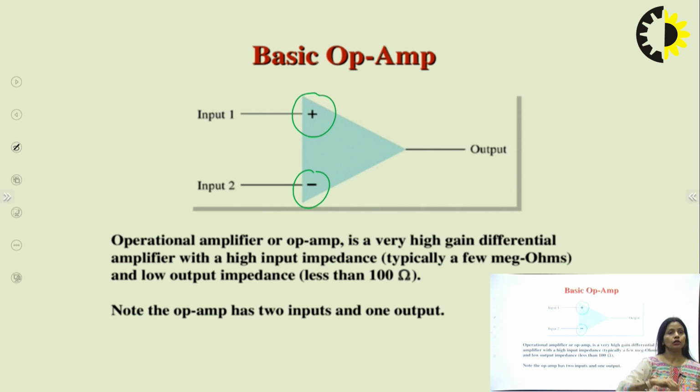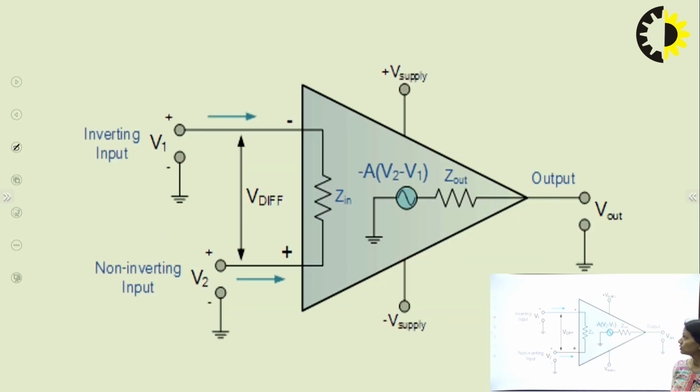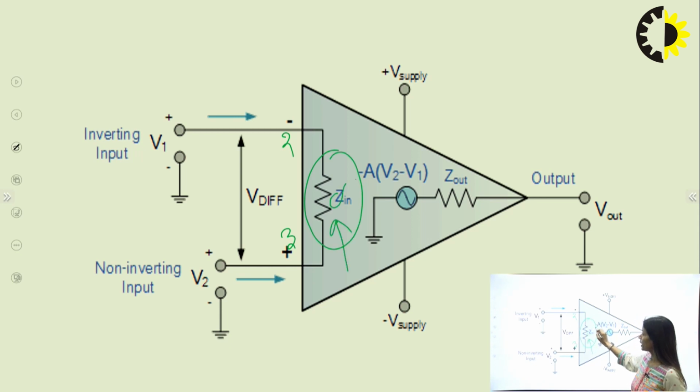From pin number 6 of the OPAMP, we take the output, as you all know. So here this is the equivalent circuit for the OPAMP, the differential input V1 and V2. The pin number 2 is the inverting input, and pin number 3 of the OPAMP IC is the non-inverting input. This is showing the infinite input impedance of the OPAMP.